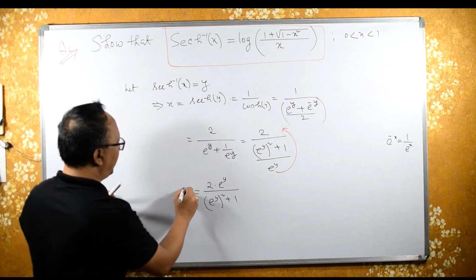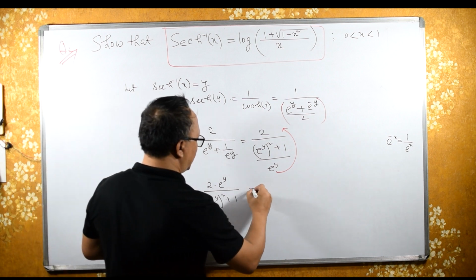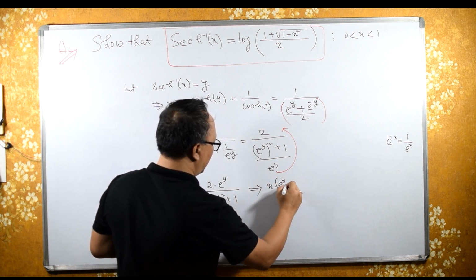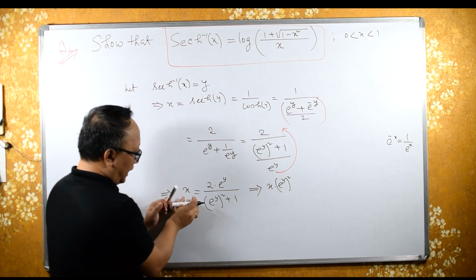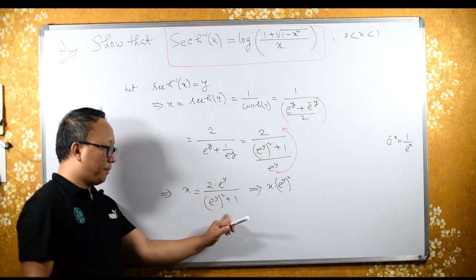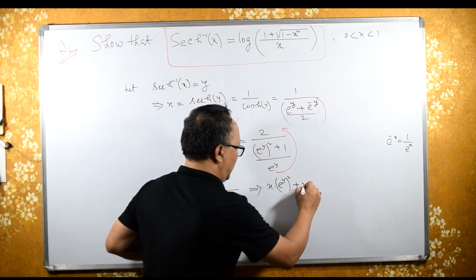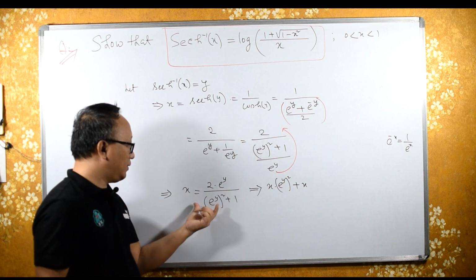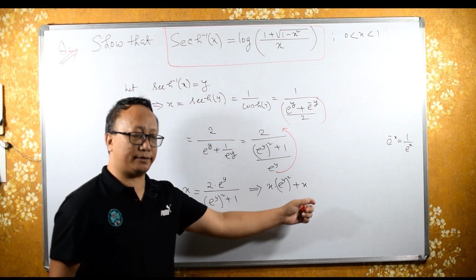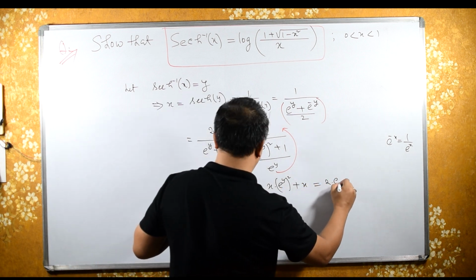Cross multiplying, x into e raised to y whole square plus x into 1, which is x, equals 2 into e raised to y.